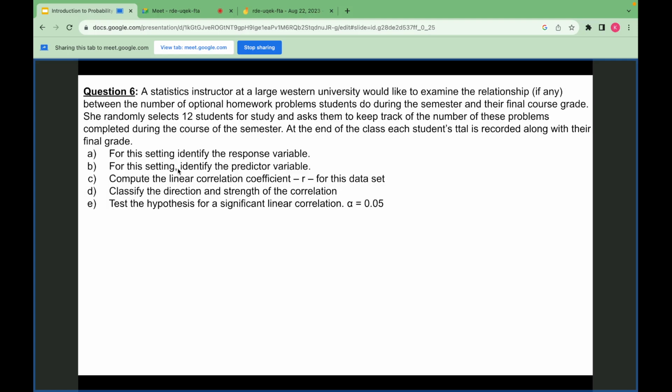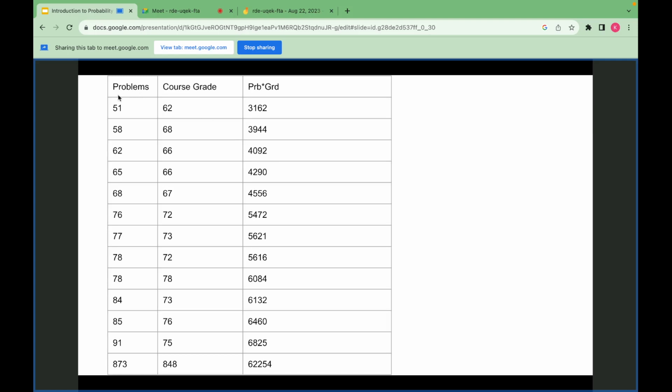Second question is, for the setting identify the predictor variable. So which variable is predicting? The number of problems solved by students is the predictor because it is predicting the course grades. So this is the predictor variable and this is the response variable.